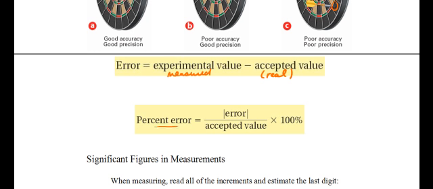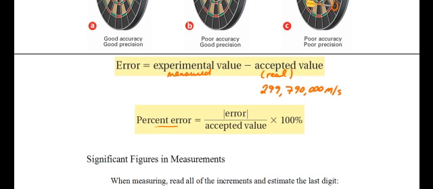Now, why would you want to know the difference between those? Well, let's take a look at if we're measuring the speed of light. The accepted value of the speed of light is 299,790,000 meters per second. That's the actual value or the accepted value of the speed of light.